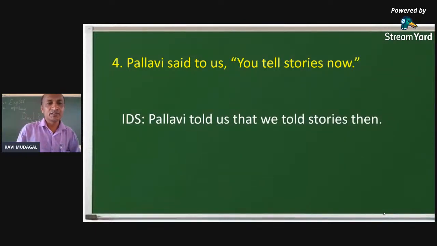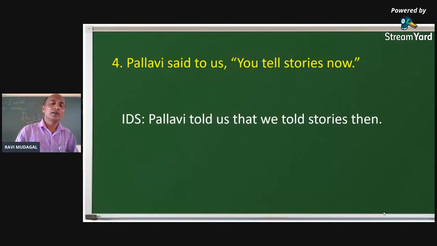The direct speech is: Pallavi said to us, "You tell stories now." When it comes to indirect speech, we have to change like this from direct speech to indirect speech. Here, Pallavi told us that we told stories then. "You" changes to "we," "tell" changes to "told," and "now" changes to "then."